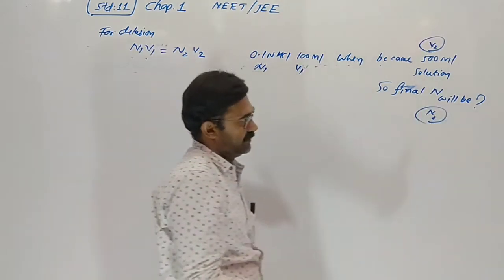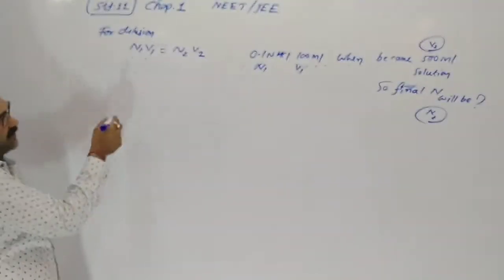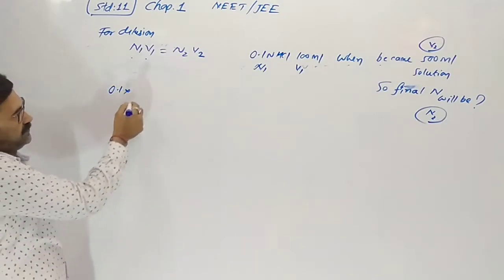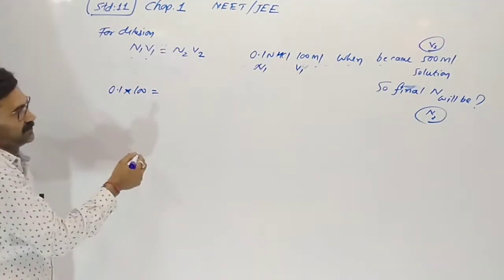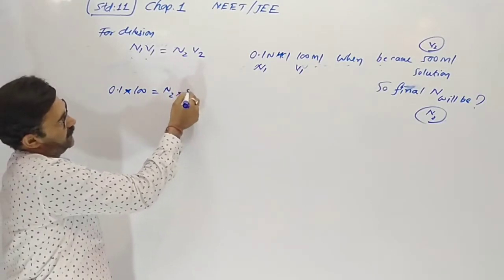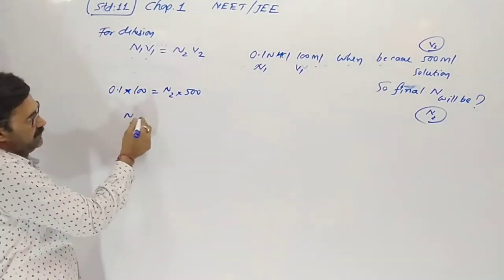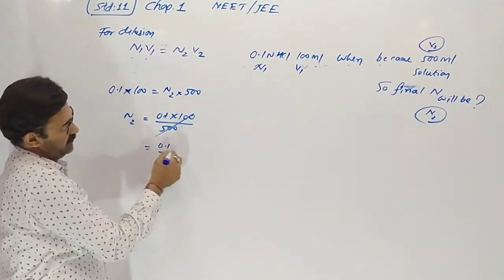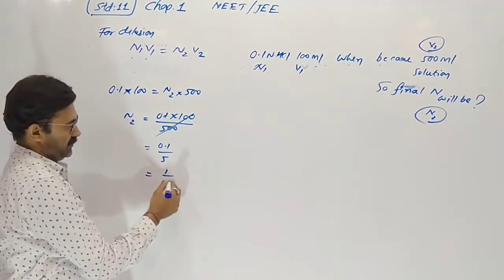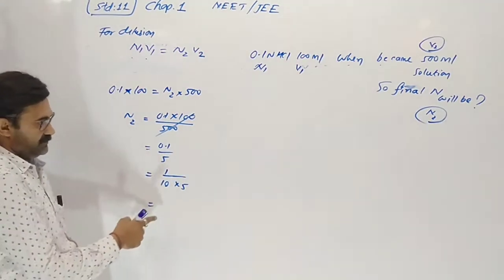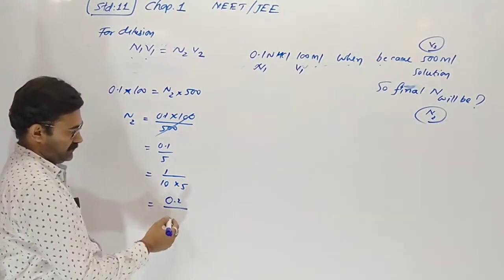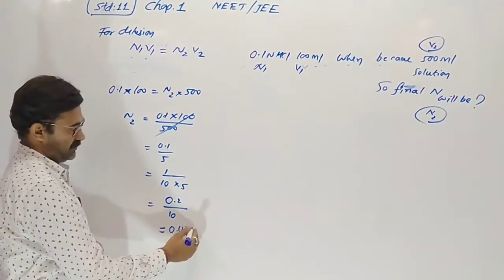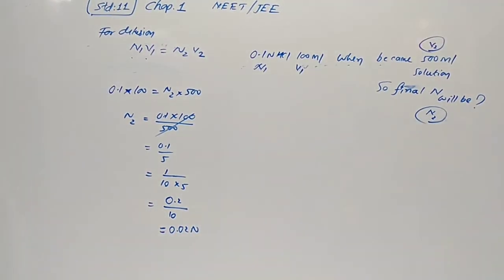So this is dilution: 0.1 into 100 equals 500 into normality. So 0.1 into 100 divided by 500, 0.1 by 5, so 1 upon 10 and 5, 1 by 5 means 0.2, then 10. So the answer is 0.02 normal, the final normality.